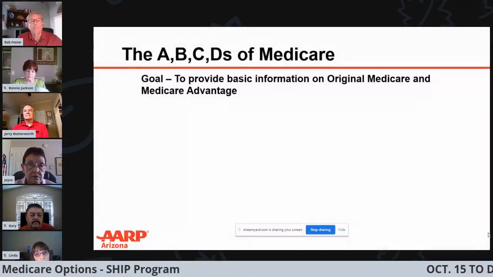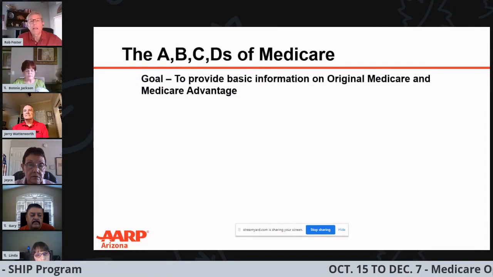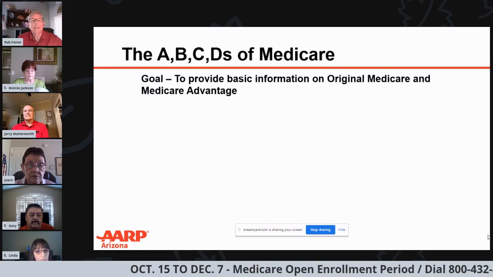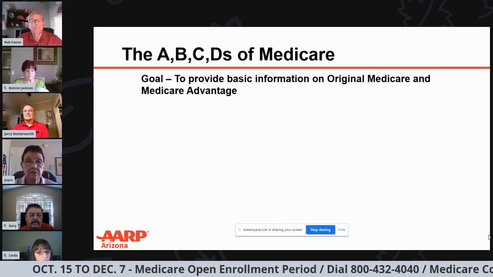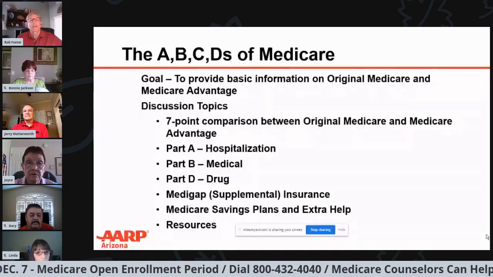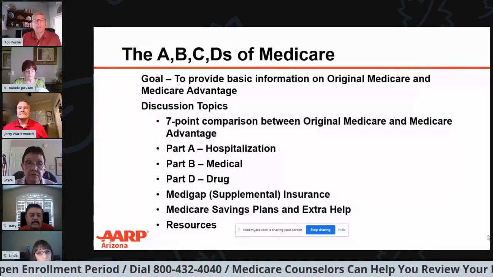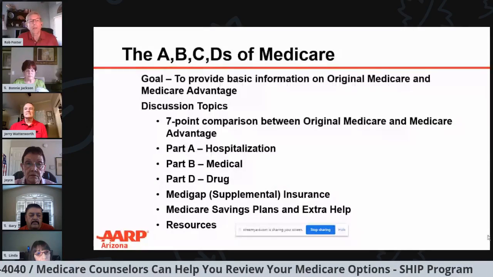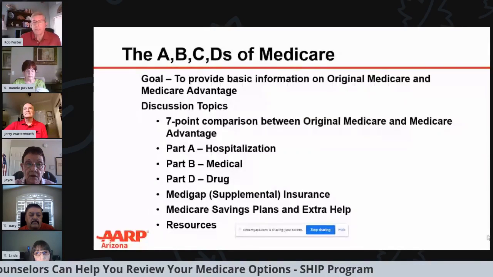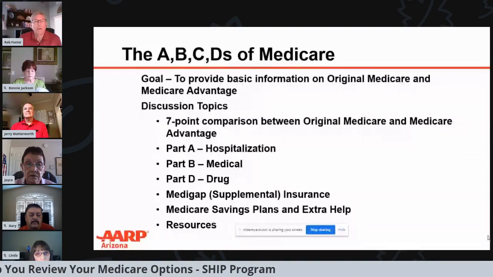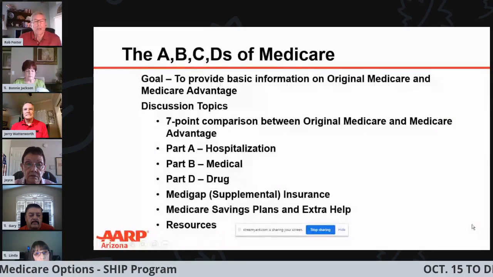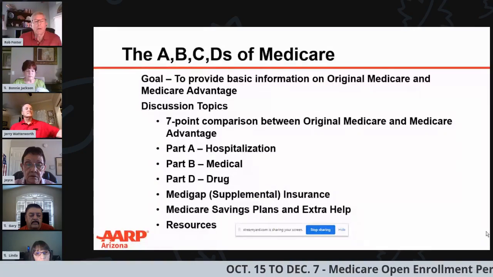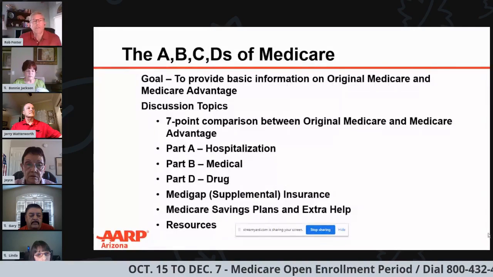We are going to provide basic information on 2 forms of Medicare, Original and Medicare Advantage. Now, the topics I will be discussing are at a high level, a 7-point comparison, and then the next level going into what the various elements of Medicare are. And finally, we will talk about resources.